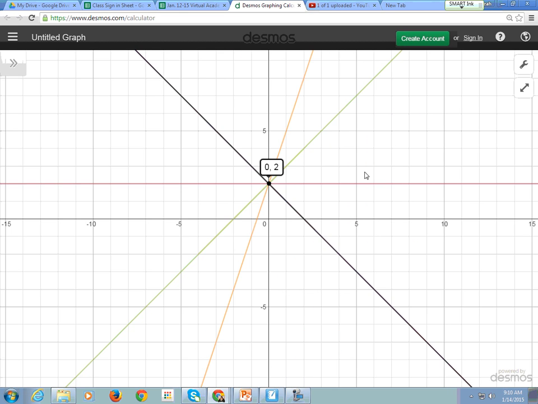So when you look at your graph, they all come together. They all have a y-intercept of 2.